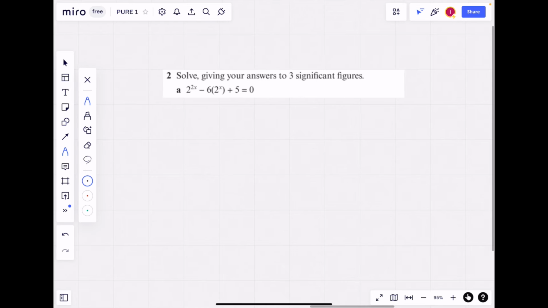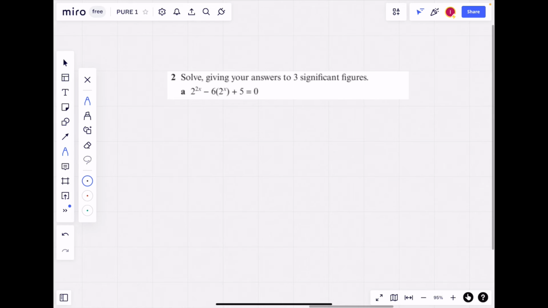So, have a look at question 2a. I want you to give that a shot for me, please. Okay, so we're going to let y equal 2 to the power of x, and we're going to rewrite it as y squared minus 6y plus 5 equals 0.